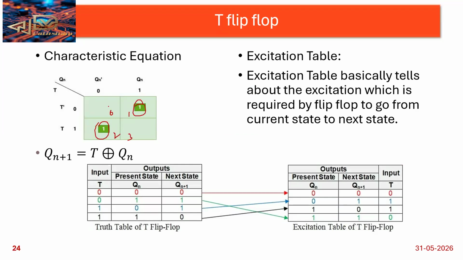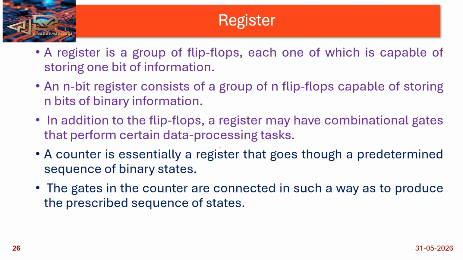So what is the output? I'm getting T and Qn bar, and then T bar and Qn, the exclusive OR gate output operation. T bar and Qn plus T and Qn bar. This is the T flip flop.